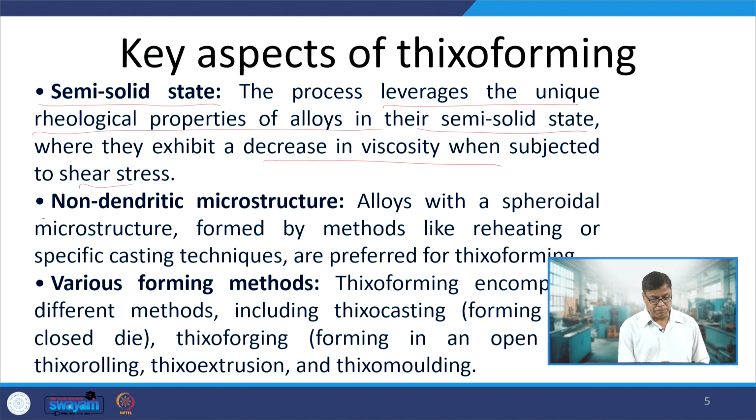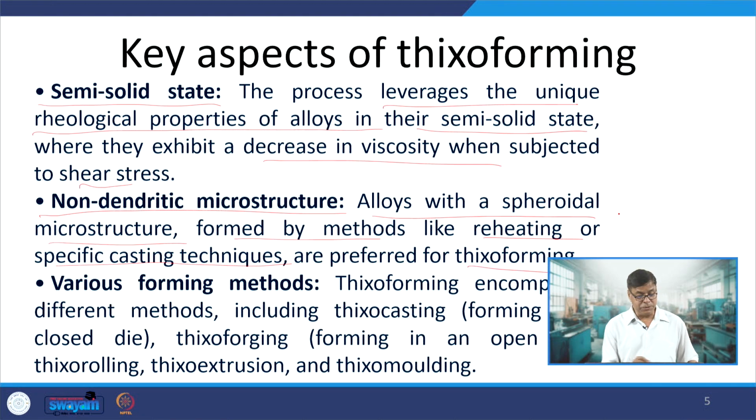Additionally, the metal is processed in non-dendritic condition, meaning the metal has a non-dendritic structure, and that gives very good resistance to crack nucleation, and improves ductility, fatigue resistance, etc. So, alloys with the spheroidal microstructure are formed by methods like reheating or stir casting, which is a specific casting technique used in thixoforming.